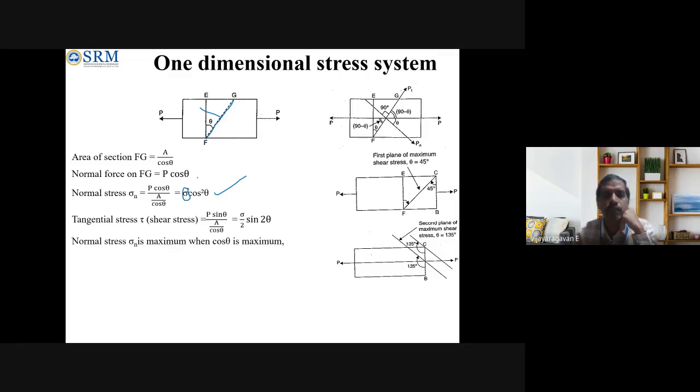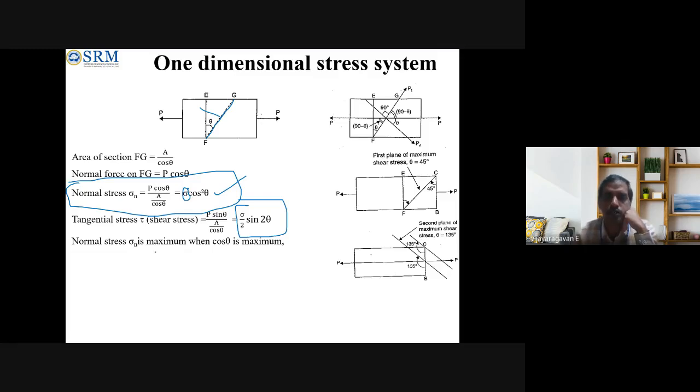So from this equation, we find that the normal stress is sigma into cos square theta, and tangential stress is sigma by 2 into sin 2 theta. To get the maximum normal stress, the normal stress purely depends upon the cos value. When cos value is maximum, the normal stress is going to be maximum.